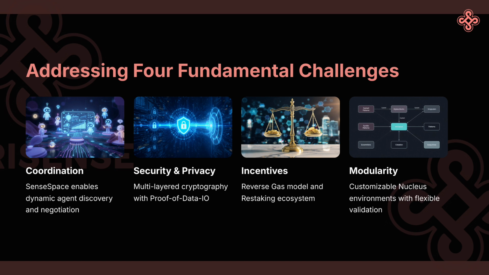Its reverse gas model, where application publishers shoulder the computational costs instead of end users, reduces user barriers and incentivizes widespread application use. Additionally, by integrating with the restaking ecosystem, where validators earn rewards for honest conduct and risk slashing for malicious acts, Verisense assures the network's security and dependability.